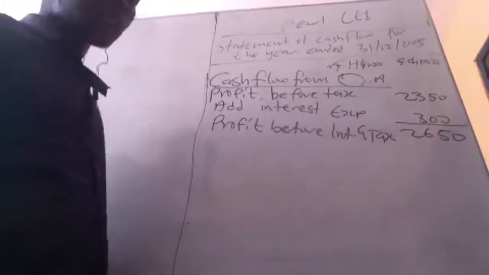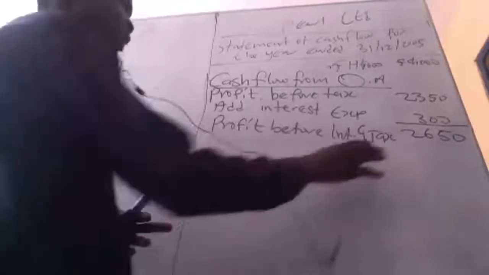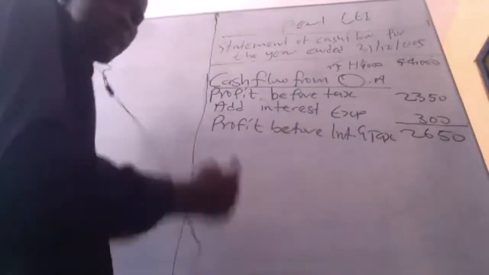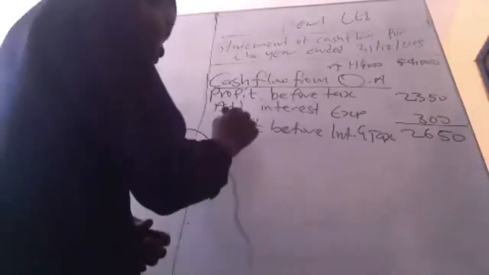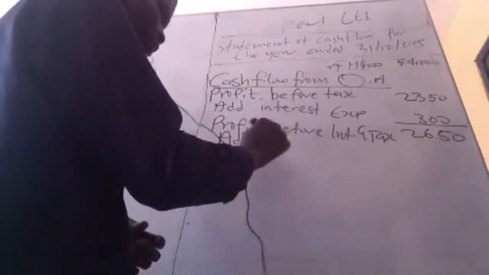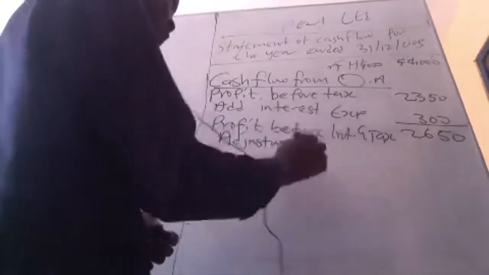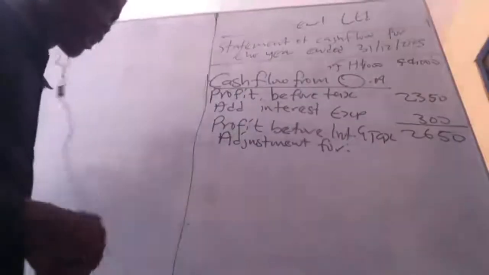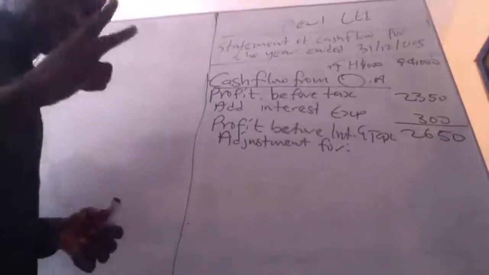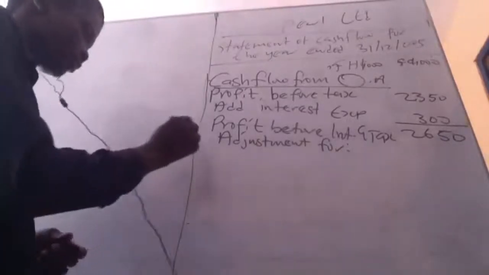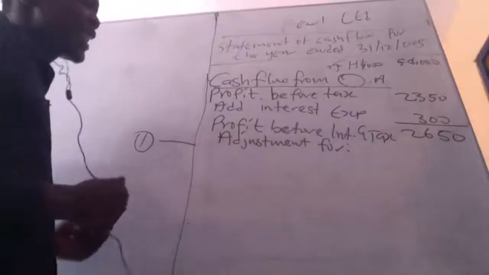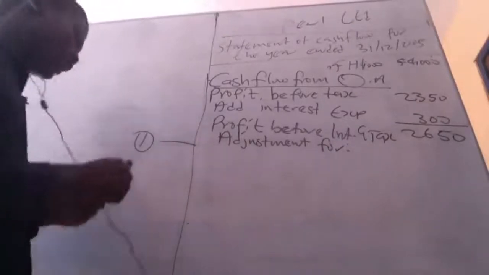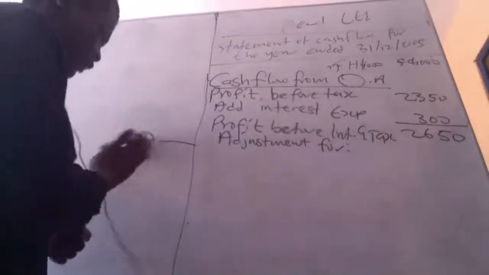So now let's move on. Now that we get the profit before interest and tax, what do we do next? Adjustment. So you say adjustment. Adjustment for, wow, we are going to adjust for 3 basic items. 3, there are 3 in number. 1, is there any transaction or item which is non-cash, which has entered this profit?